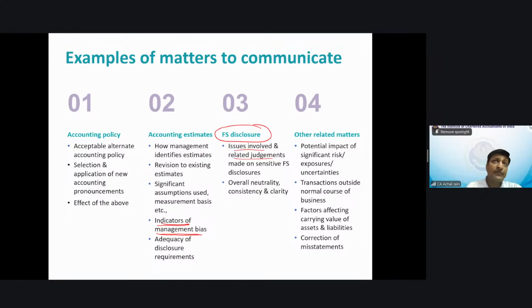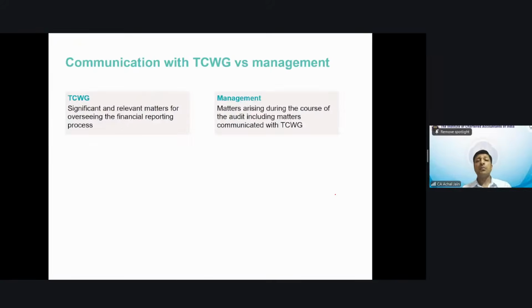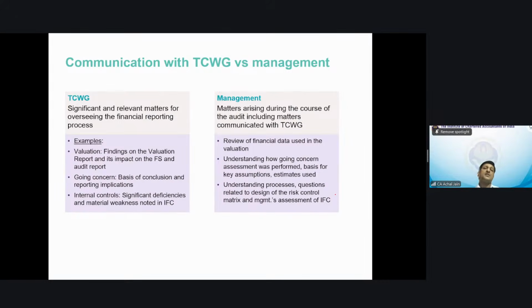Accounting policy. What if there were some options available and an accounting policy has been selected? So what's the basis, if at all a new policy has been considered? Okay. Say there's a potential impact of significant risk. There are some unusual transactions. Okay. So all of these are what? All of these are important matters for TCWG to understand.